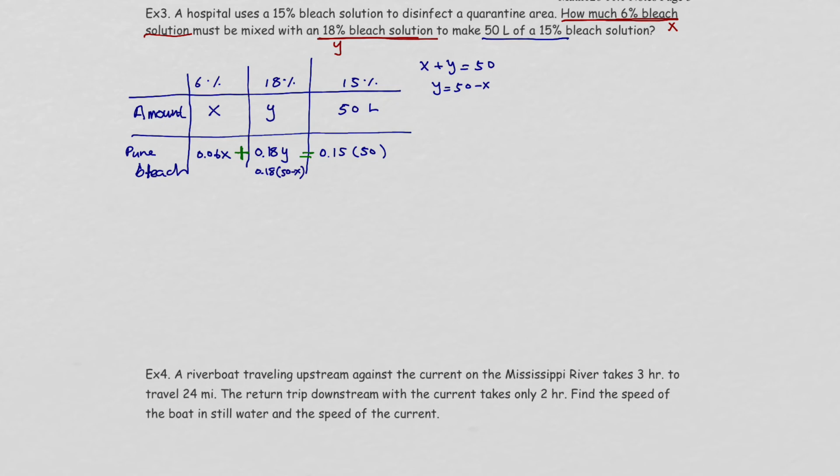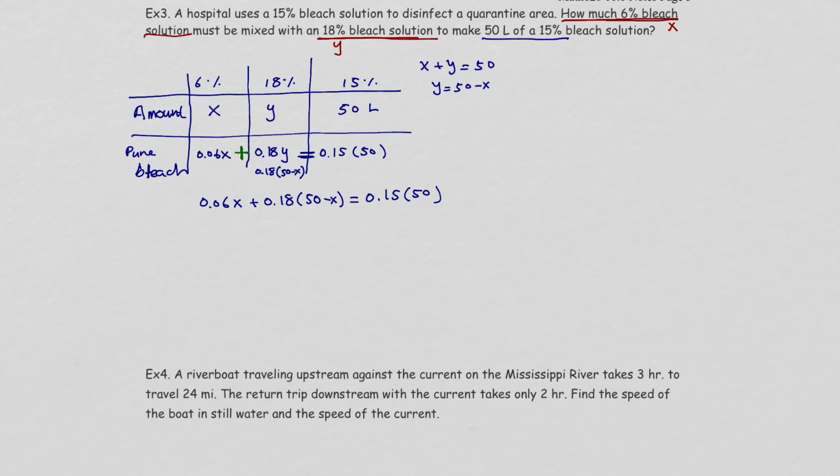And that's going to be your equation. So if I write just the equation itself at the bottom, it's saying 0.06x plus 0.18 times 50 minus x should equal 0.15 times 50.